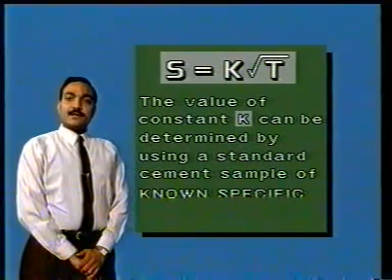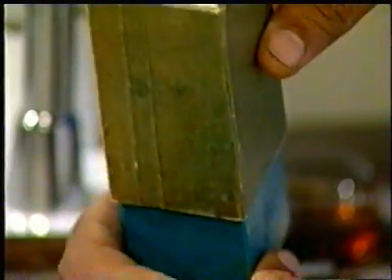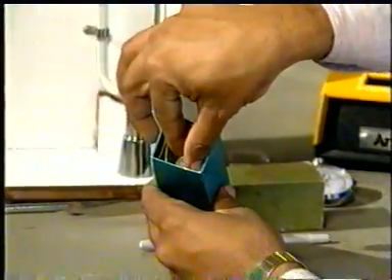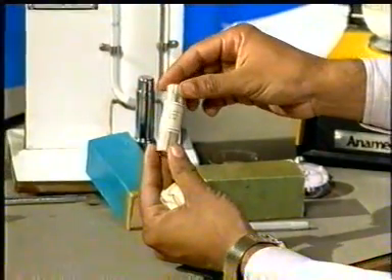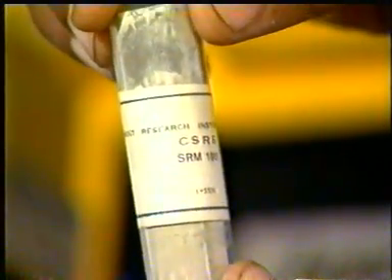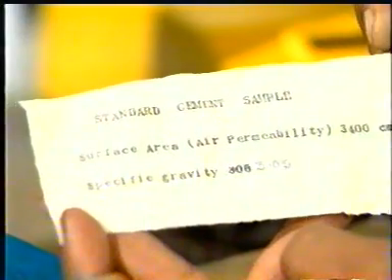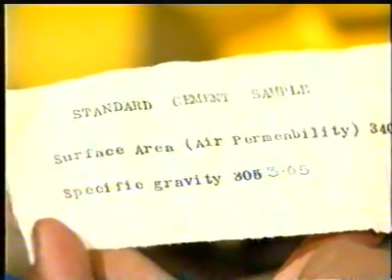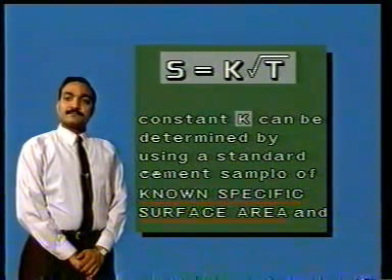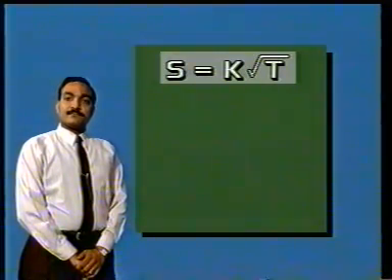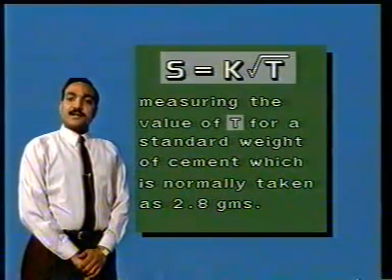The value of constant K can be determined by using a standard cement sample of known specific surface area and measuring the value of time t for a standard weight of cement, which is normally taken as 2.8 grams.